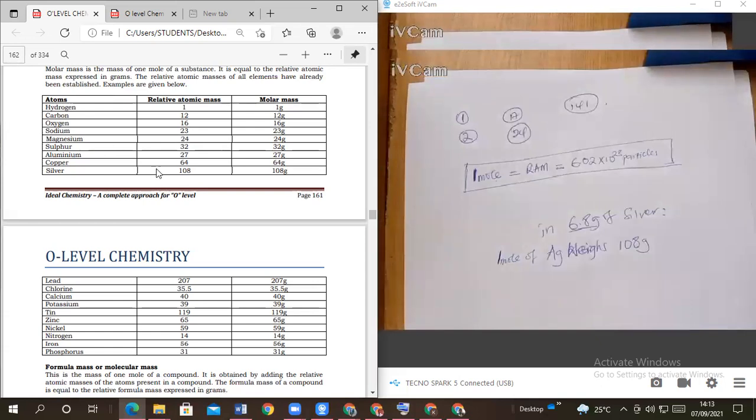It is from the table. These values are always given in the table. Every question will give you these constants, but if you can cram the first 20 elements, the better.